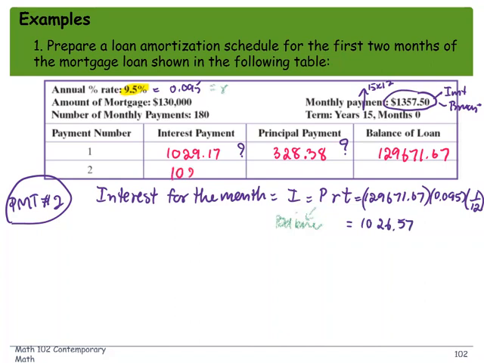1,026.57. As you see, the interest is decreasing, less than the interest from the first payment. Next we calculate the portion that goes to the principal, taken away from the loan.